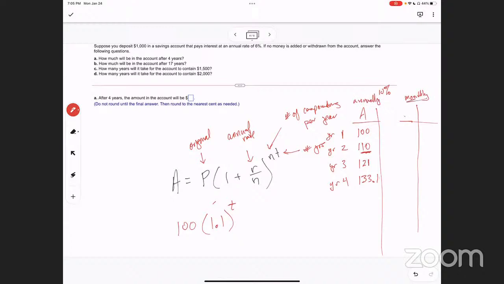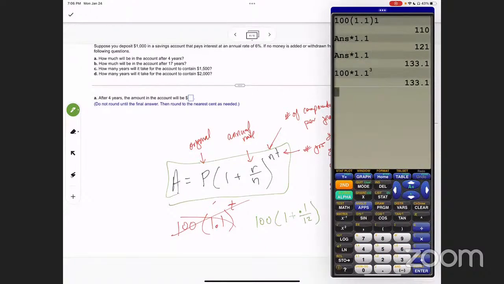So if the amount I have in month one is $100, in month two, this is your formula. My formula is going to be 100 times 1 plus my interest rate, which is 0.1, but I'm dividing it by 12. That's my rate.